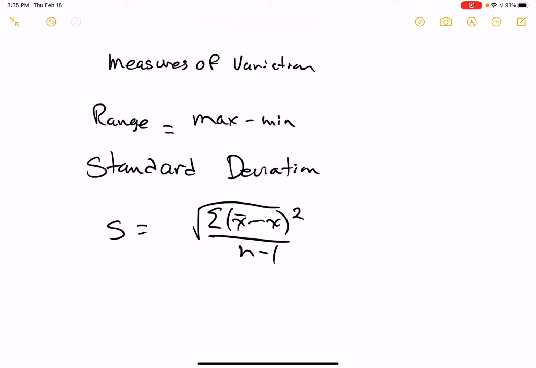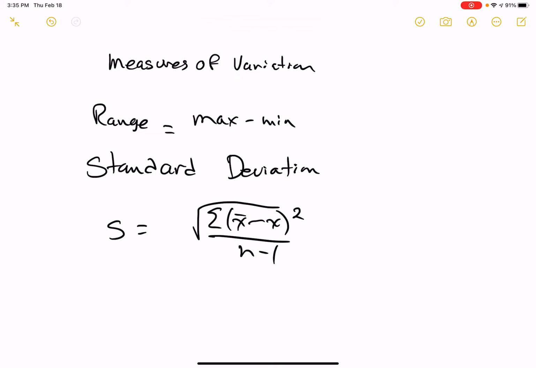So what we do is we take the difference between that mean minus that data element, and then we square it, and then we add all of those together. And then we divide by 1 less than the sample size. So we take the number of values that we have and subtract 1.